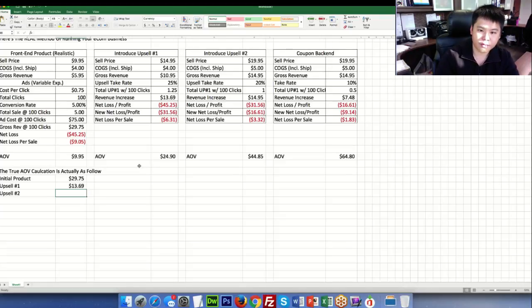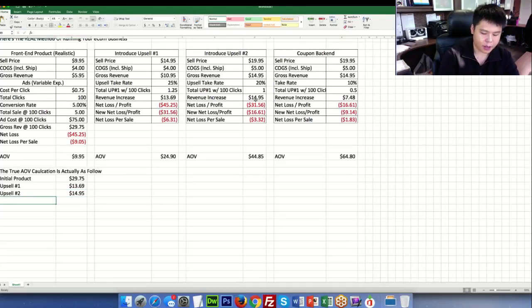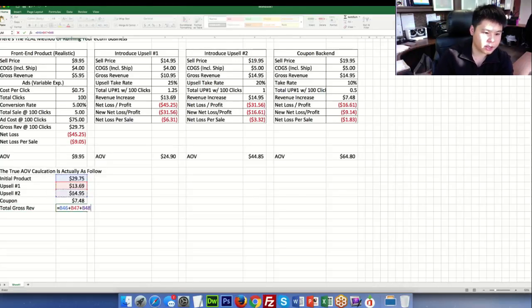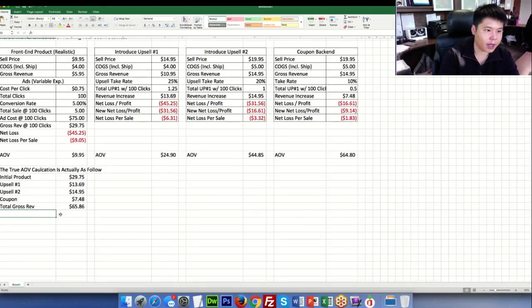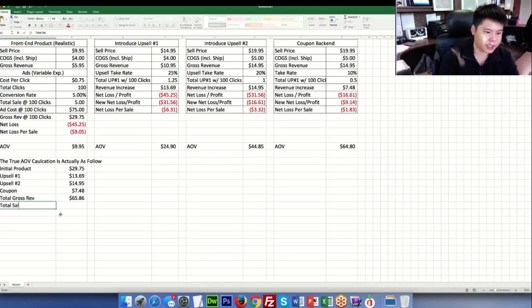Upsell two revenue is $14.95, and then the coupon is going to be this, and then your total gross revenue is going to be equal to this plus this plus this plus this, equal to $65.84, and then total sale of 5 orders, which equals this divided by 5.